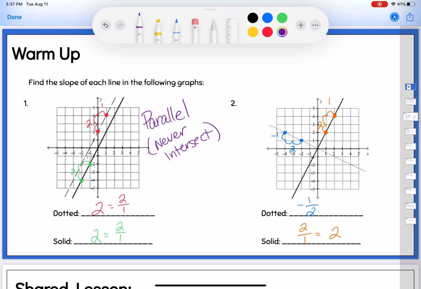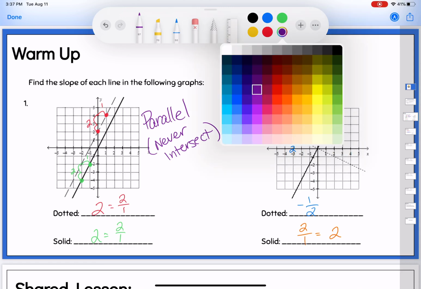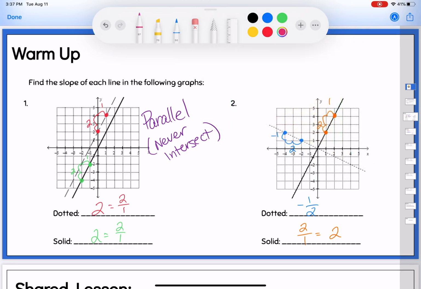Okay, well, let's take a look at the graph on number 2. So over here you might say, oh, well on these ones, these lines are intersecting, right? They're touching, they cross each other. They're definitely intersecting lines, but they're intersecting at a very interesting angle. Do you notice that they're making that perfect corner, right?